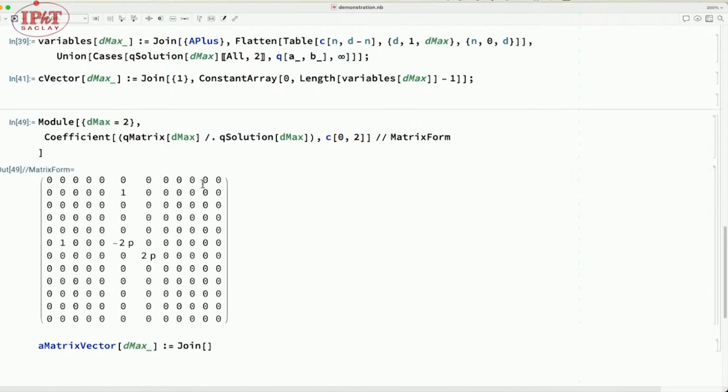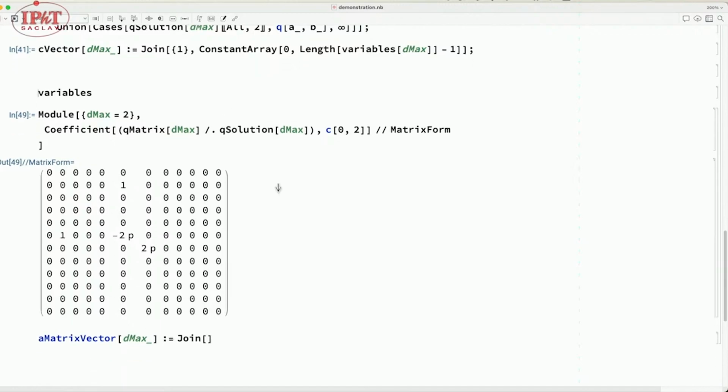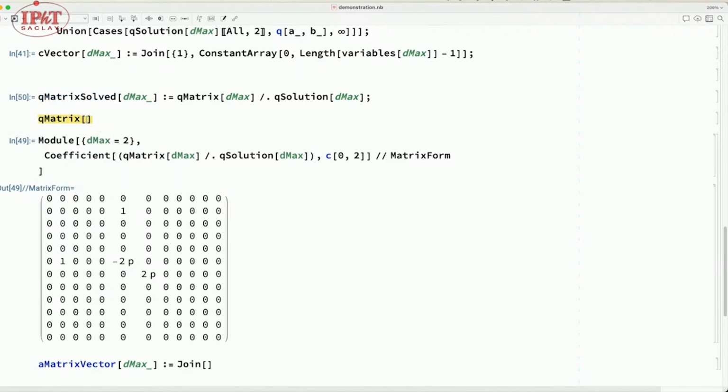So first look at a constant. Let's look at the constant term, which is when we set all of these variables to 0. Let's actually define just Q matrix solve, like this. Q matrix solve is one where we put all of these replacements. And the constant term in the matrix is when we set all of the variables to 0.